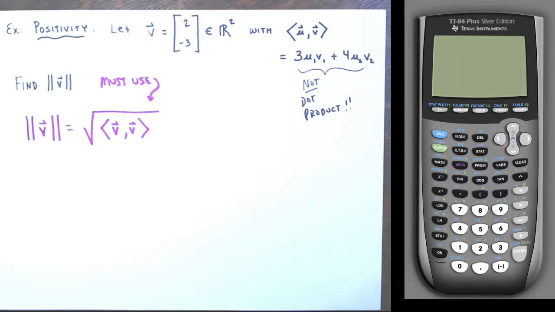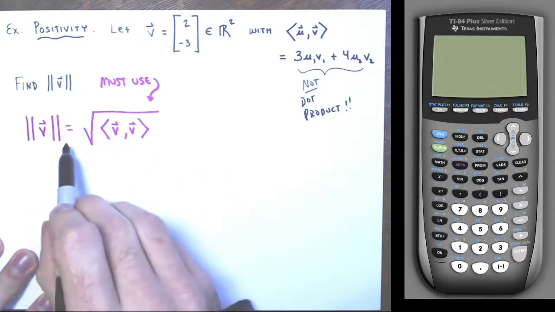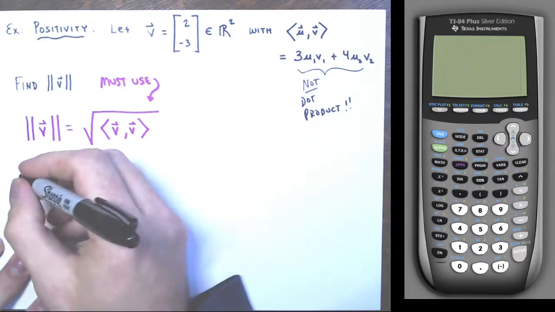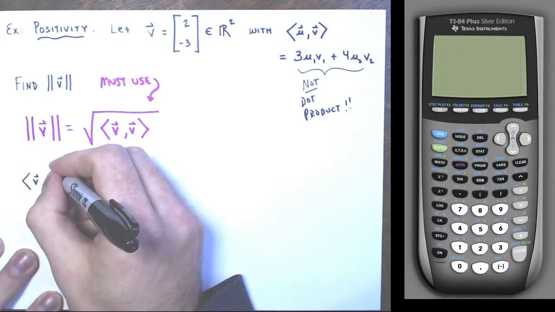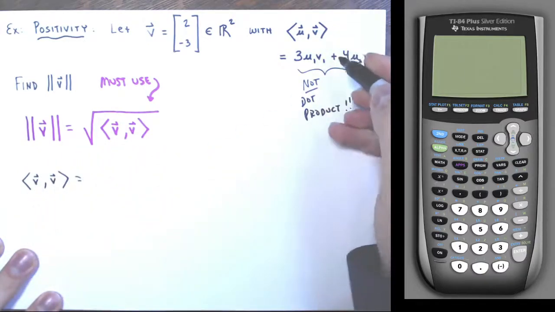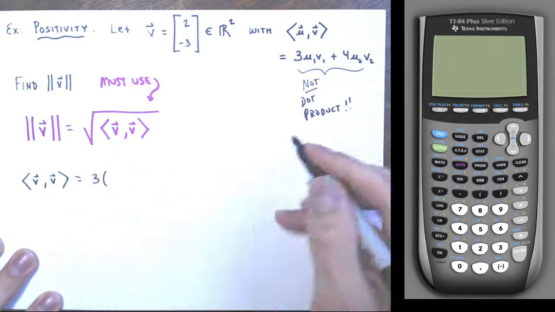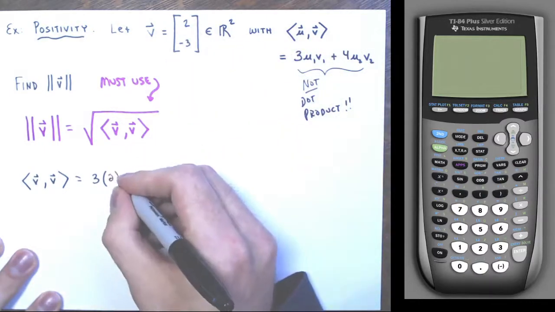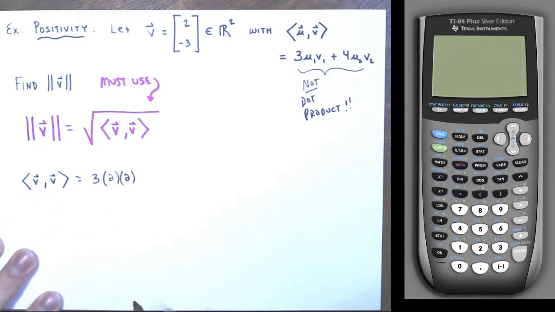And notice now there's no subscript here. It's not the 2 norm or 3 norm, those were defined differently. When there's no subscript, you're using this formula. Alright, so what is the inner product of v with v? Well, based on the inner product given, it's 3 times the product of the first components, so 3 times 2 times 2, because they both have the same first component, they're both v.